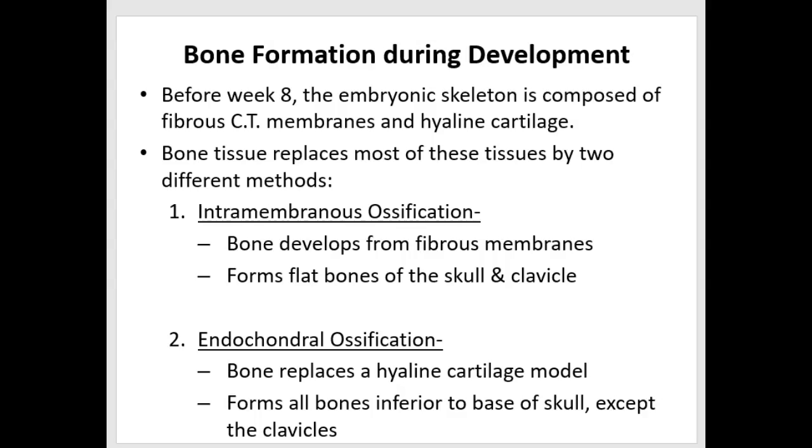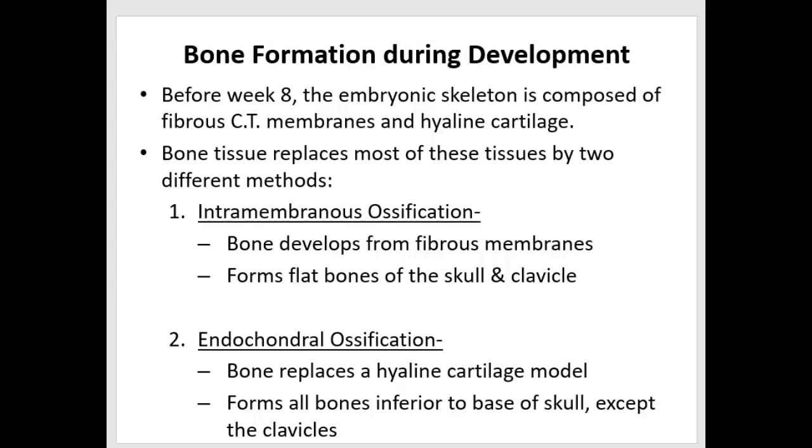The second method, endochondral ossification, you start with a hyaline cartilage model, and then bone replaces that. So the cartilage dies and bone forms in the same shape as the model. This will occur to form all the bones below the base of the skull except the clavicles.